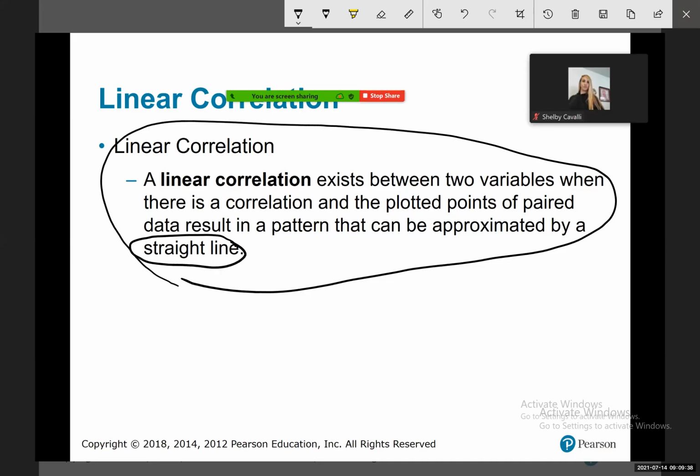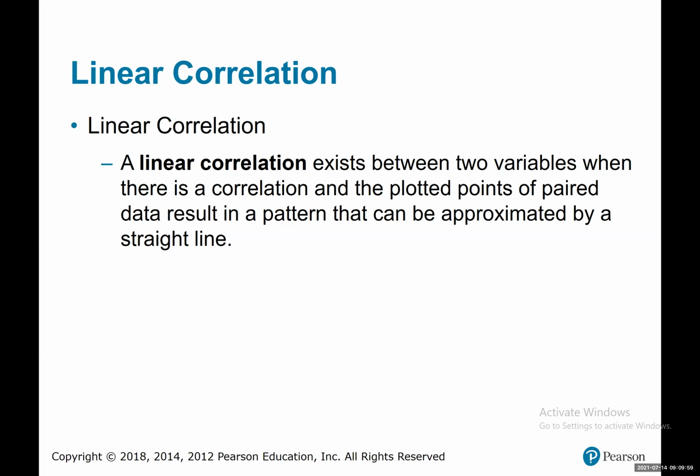Linear correlation exists between 2 variables when there is a correlation, and that forms a straight line. So when you have dots, and the dots have a pattern of a linear correlation.